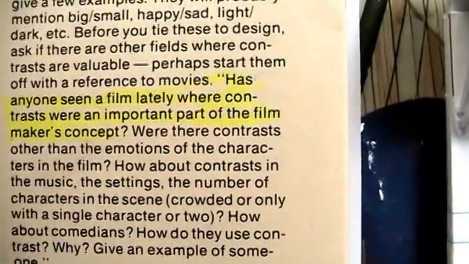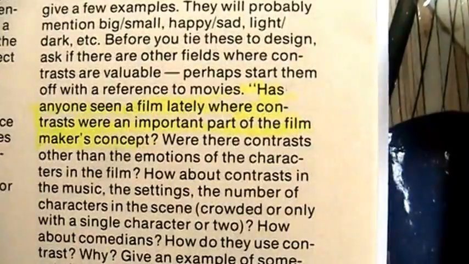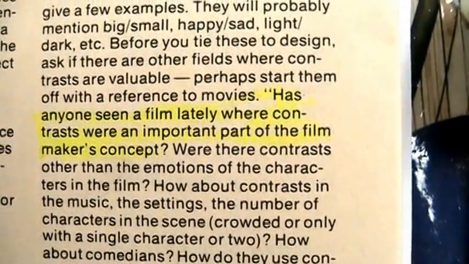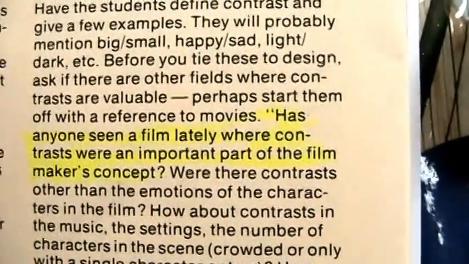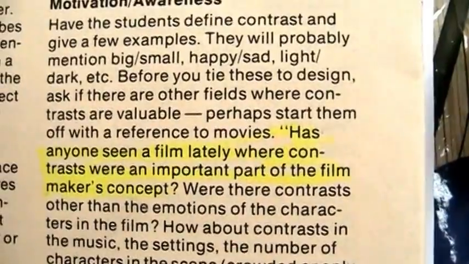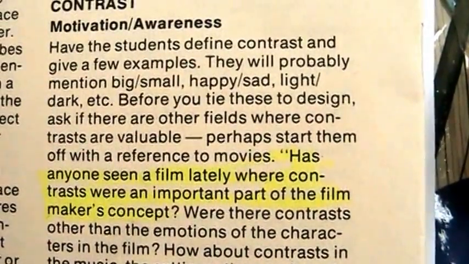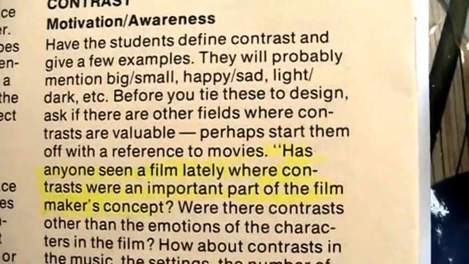So it might be going along very sing-song, very light, airy music, and then all of a sudden you hear the shark music coming in. You know something is about to happen. Well, the movie maker, the sound person, has created contrast. Also, dark and light, going down a dark hallway and coming out into the light, or vice versa.